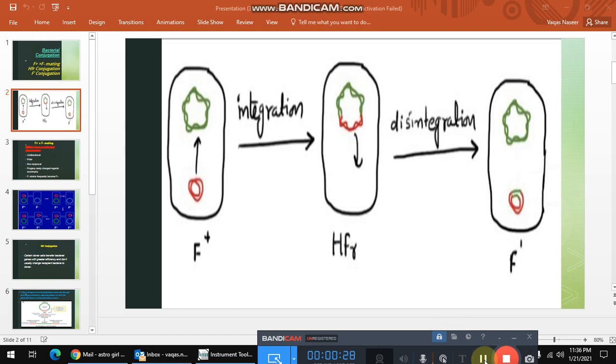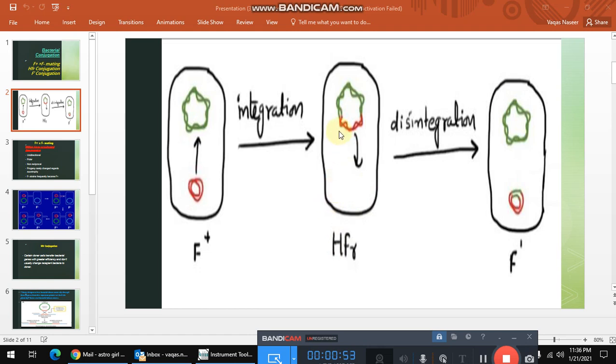First of all, I want to give the review of all of the four types of cells which are involved in this process. Number one, that's the F positive cell. Those bacterial cells which possess the bacterial chromosome with the fertility factor are F positive. When this fertility factor gets integrated into the bacterial chromosome, it turns into the HFR, we can say high frequency recombination bacteria.